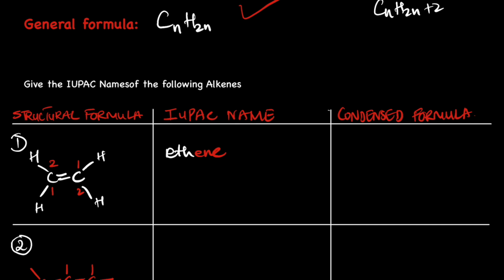The name of this one is ethene, and the condensed structure is CH2, a C with the H2, and then the double bond, CH2, another CH2. Or you can just say CH2 without showing the double bond there, but it's known that there's a double bond.